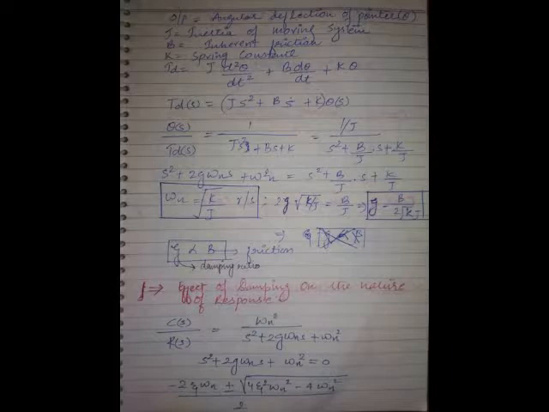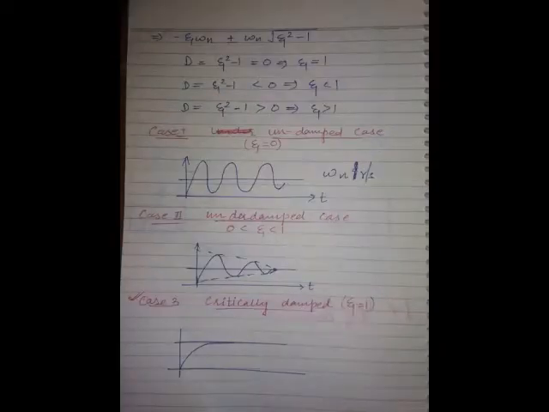So the open loop transfer function of a second order system is omega n square by s into s plus 2 zeta omega n. What type is this? The standard second order transfer function represents order 2, but the type is 1. After that, as an example, you write this.